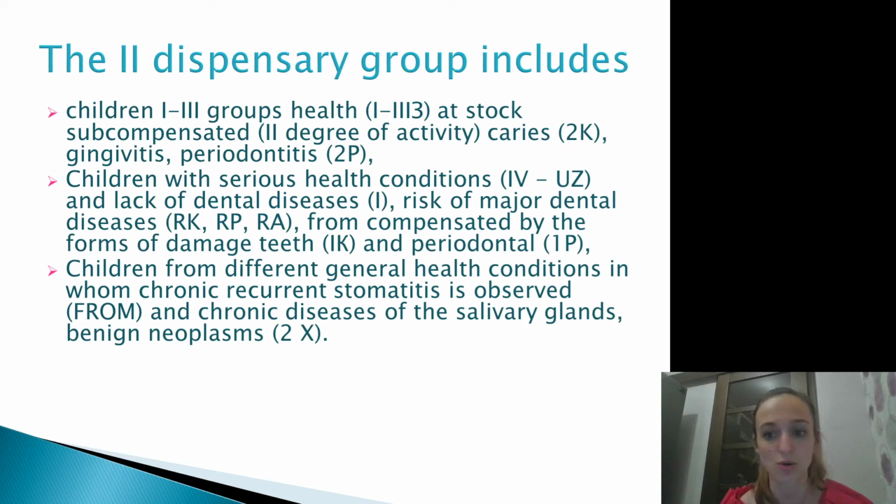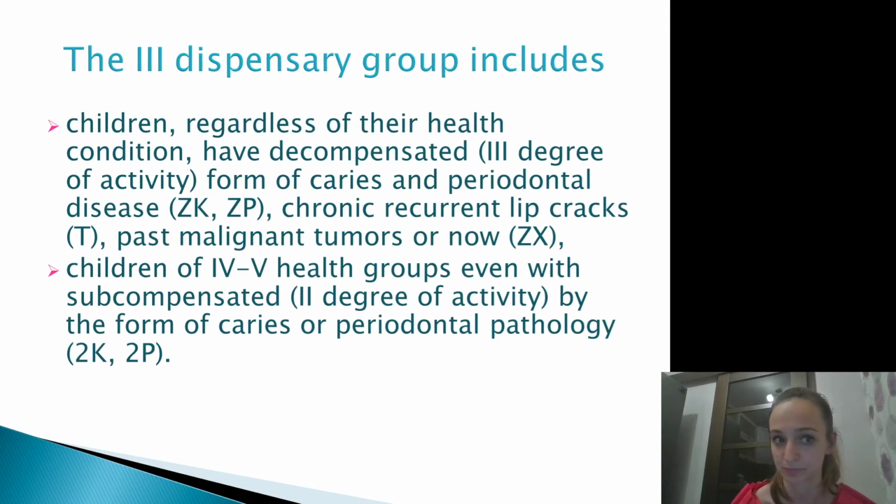It is a risk of major dental diseases from compensated forms of damaged teeth and periodontal tissues, and children with different general health conditions, with chronic recurrent stomatitis, chronic diseases of the salivary glands, benign neoplasms.